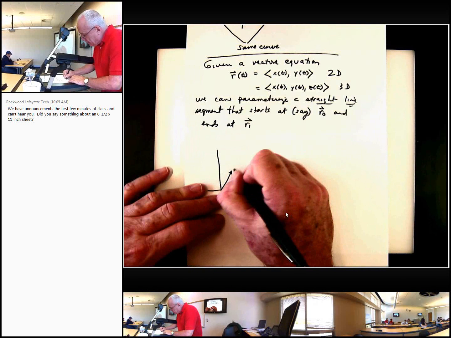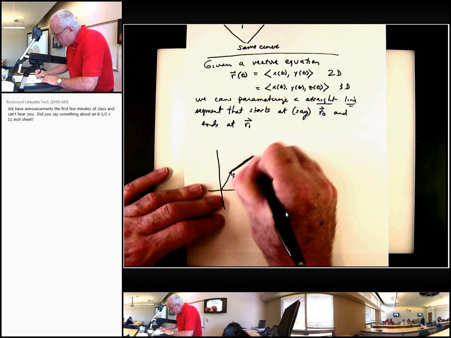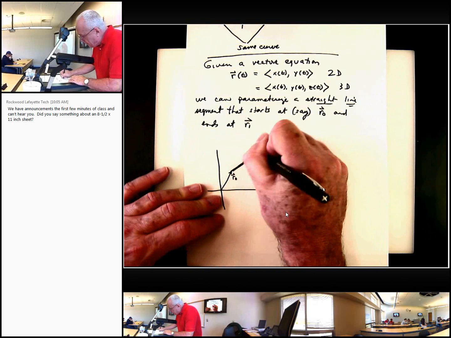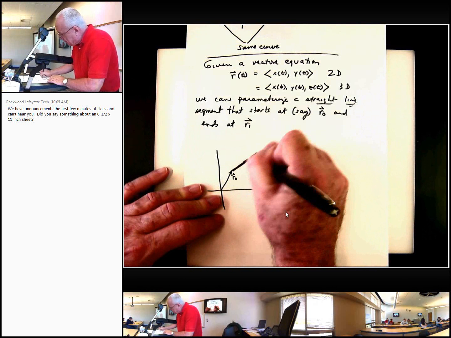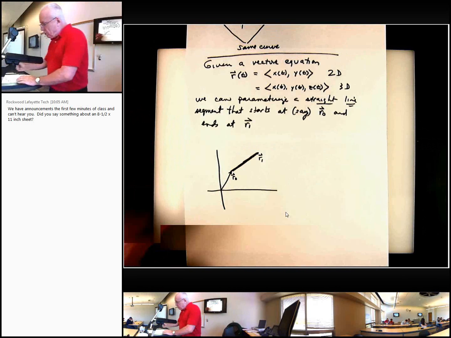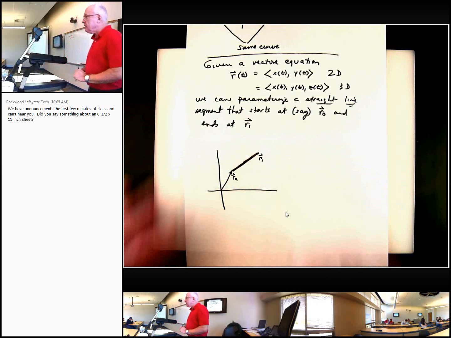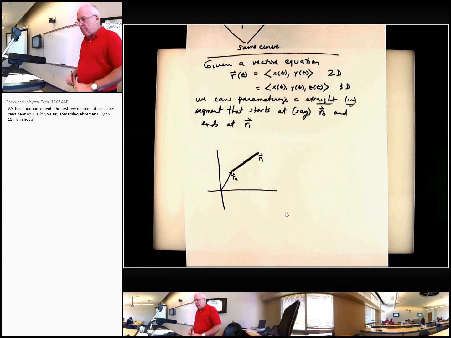Let me put it in thick, and say the straight line segment ends right here at r sub 1. This is the straight line that starts at this vector and ends at that vector.